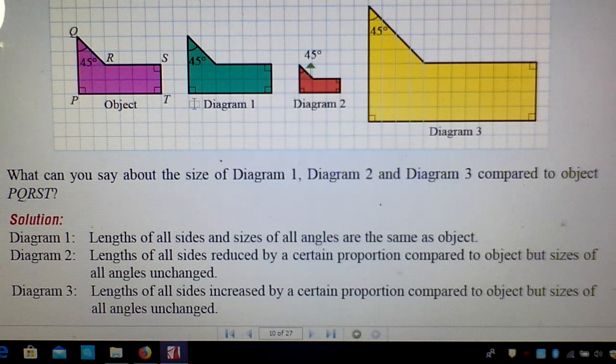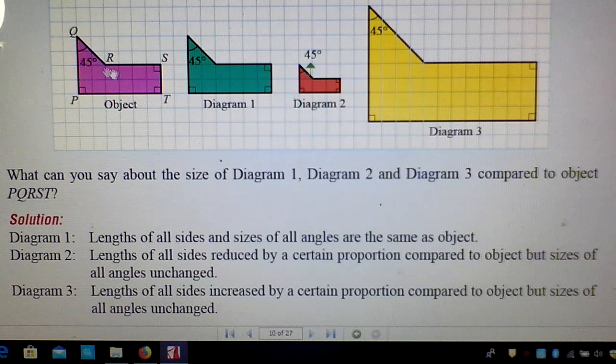Diagram 1 also 1, 2, 3, 4, 5, 6. And then ST 2. Here also 2. RS 4. Here also 4. QR also same length, coming from this triangle 2 times 2. So meaning the object and diagram 1 are equal in size.